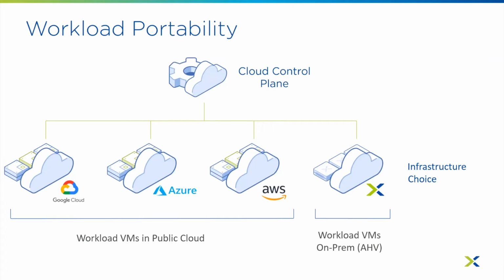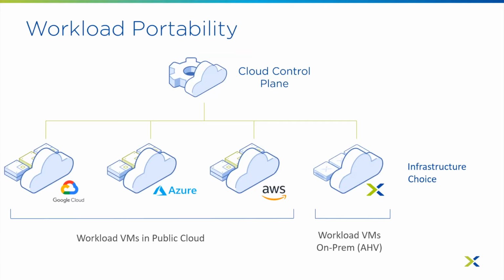And the key here is going to be workload portability, whether that's the cloud control plane from Citrix, the on-prem control plane from Citrix, or using our Nutanix Cloud Clusters control plane to manage those resources in the public cloud. You can deploy those workload VMs seamlessly across private cloud and public cloud with no lock-in, simply moving around: on-prem today, AWS tomorrow, Azure the next day, or across all three, and again, any cloud you may go to in the future.